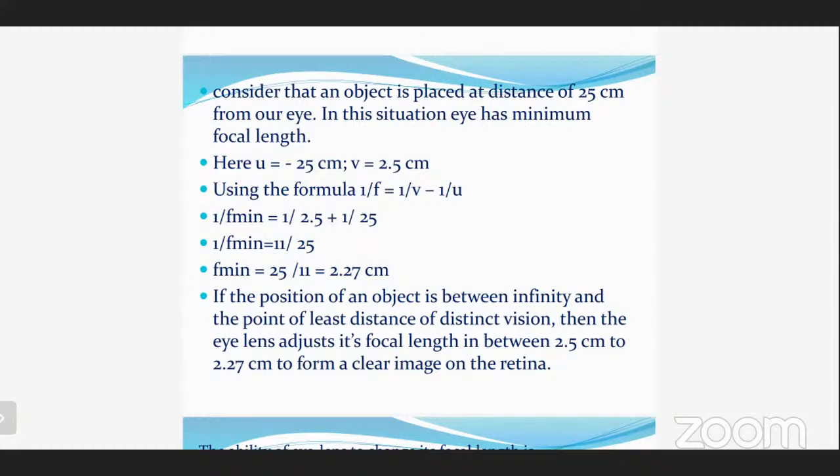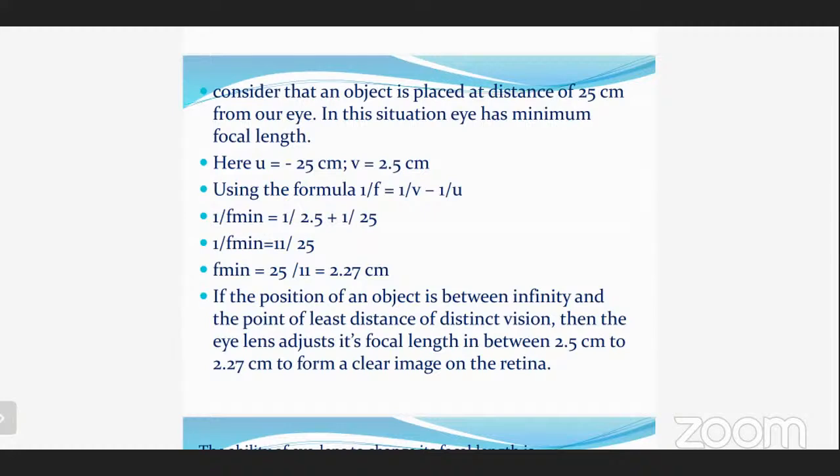So here u is equal to minus 25 centimeter. v is the same as in the previous situation. There is no change because the distance between lens and retina is 2.5 centimeter. So understand why we took u as 25 centimeter: because the least distance of distinct vision is 25 centimeters. v is equal to 2.5 centimeter.